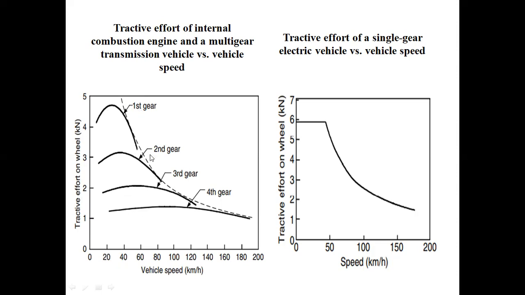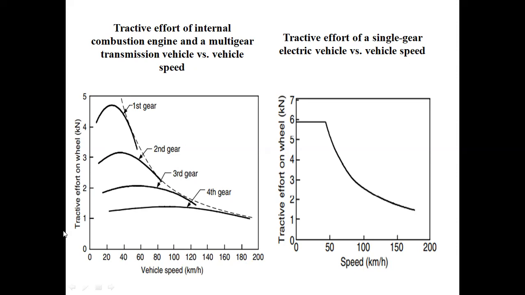When we change from first gear to second gear, the speed of the vehicle increases. When the gear changes from second gear to third gear, again the speed increases. In fourth gear, the speed of the vehicle is nearly the maximum speed. Maximum speed means nearly 180 to 200 kilometers per hour. This is the vehicle speed versus gear.